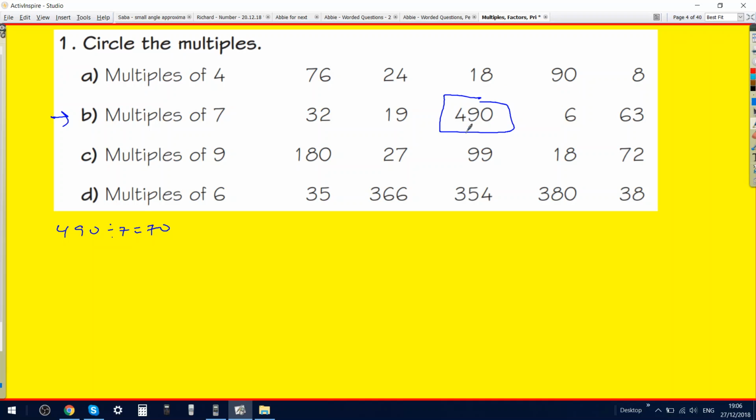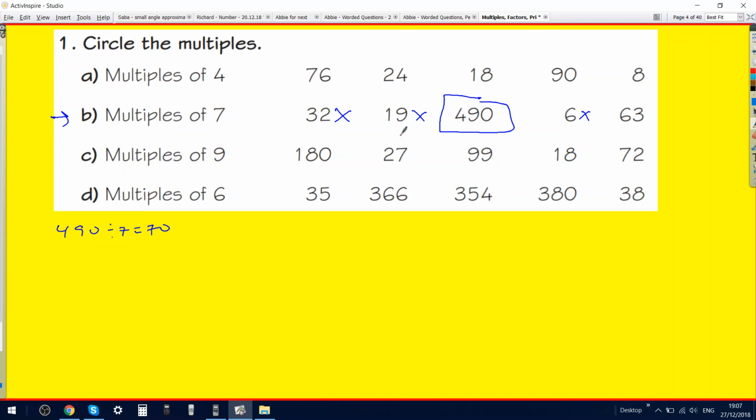6 is obviously not one of them, because that's not in the times table. 19 also is not one. I don't think 32 is either.